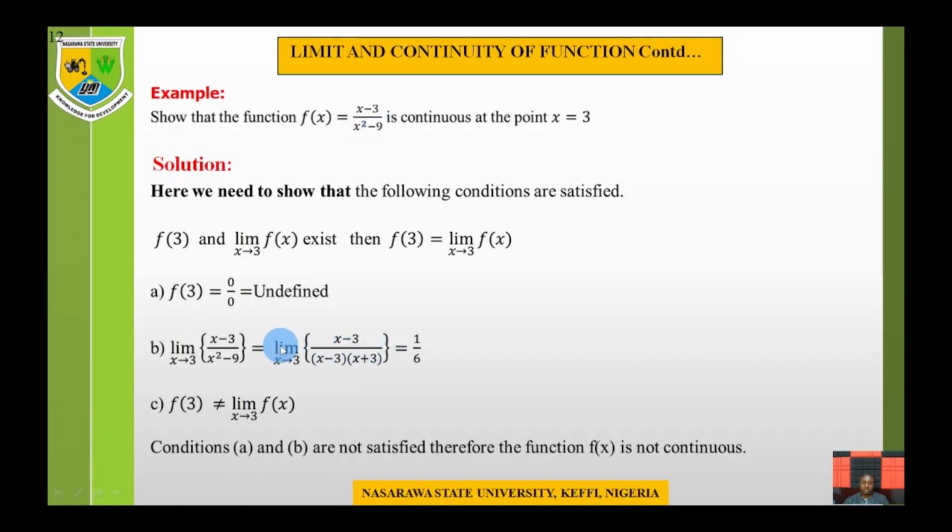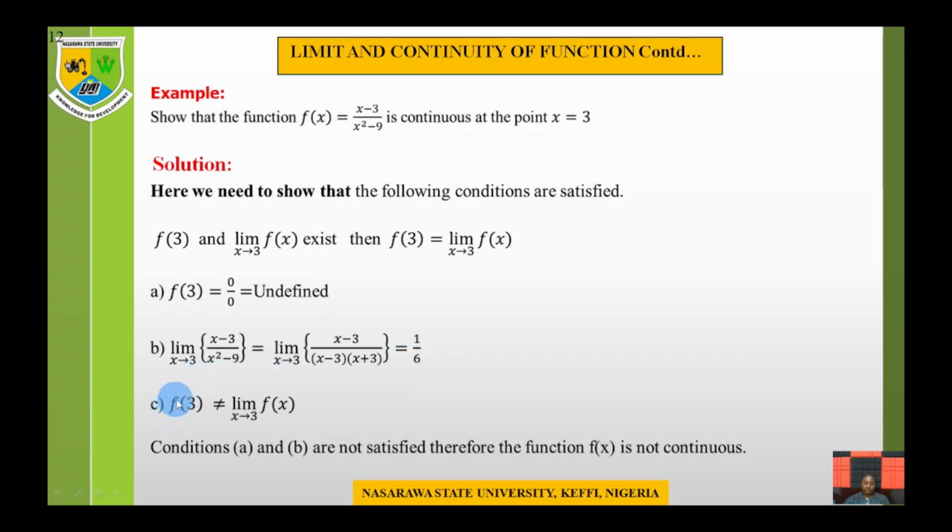So the limit as x approaches 3 of x minus 3 all over x minus 3 times x plus 3. This will cancel with what? The x minus 3 at the denominator, and you are left with 1 all over x plus 3. And when you make your substitution, you are going to have 1 all over 6.